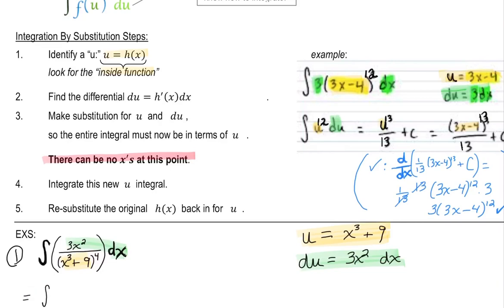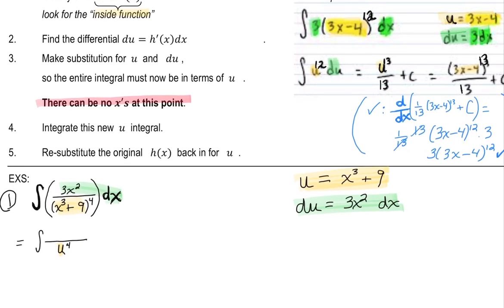So as we look at what we have here, this is going to be absolutely perfect. We are going to have the integral of, being careful that u is to the fourth power but it is in the denominator, so make sure you're keeping that down in your denominator. And then it's kind of up to you with this du. You will see it written a couple ways. Sometimes if there's nothing else left in the numerator, you will see them just write it in the numerator.